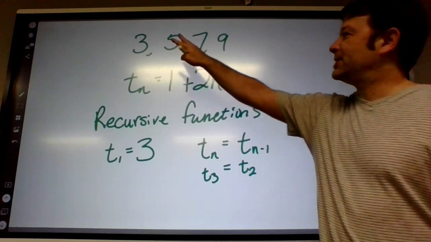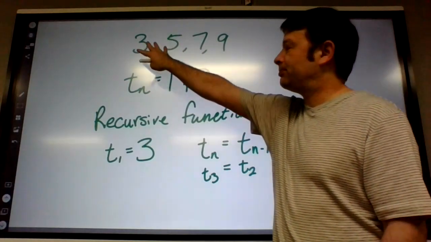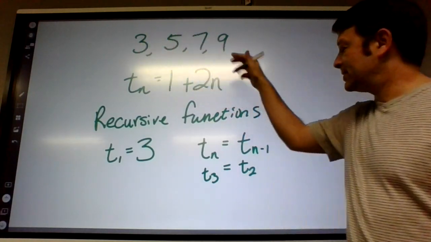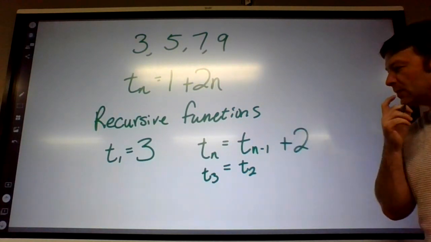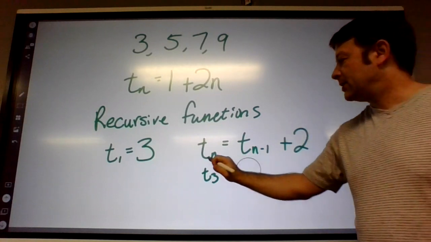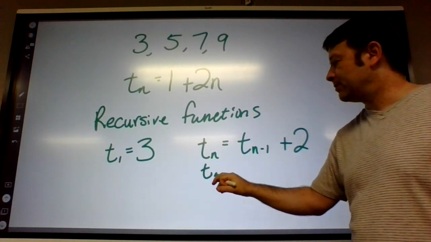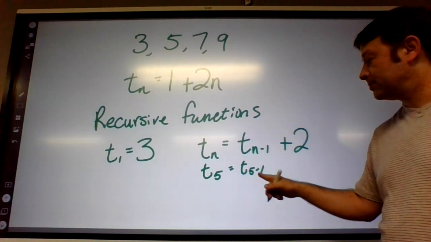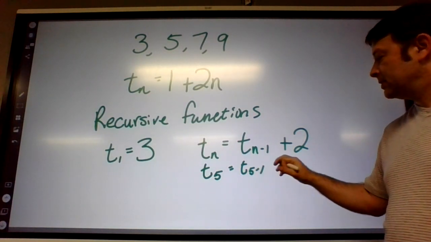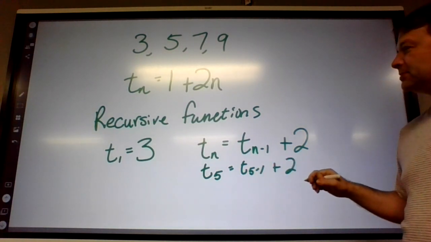So this one, because they just add 2, in some ways it's easier, probably all ways it's easier. If you just add 2 as the pattern, you just put a plus 2 on it. Okay, so if you want the fifth term, that means you're going to use the fourth term and add 2, right?